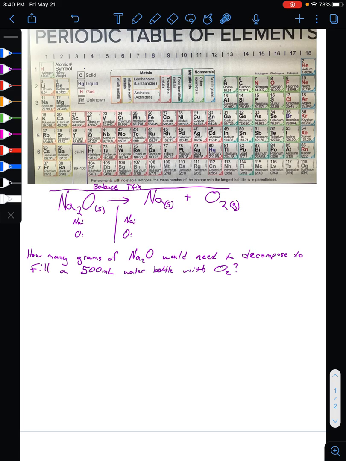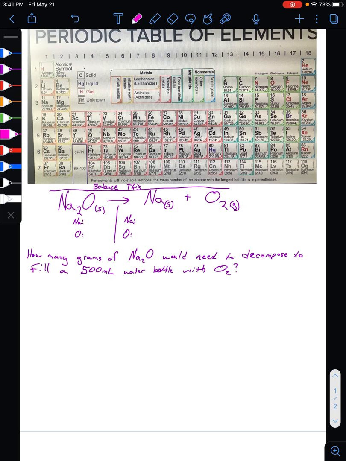And the problem itself says how many grams of sodium oxide, Na2O, so that's this one, would need to decompose to fill a 500 milliliter water bottle with oxygen. So they want 500 milliliters of oxygen gas coming from this decomposition of an unknown amount of sodium oxide.